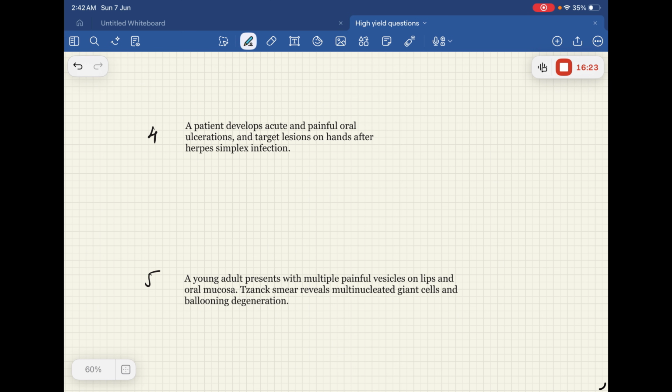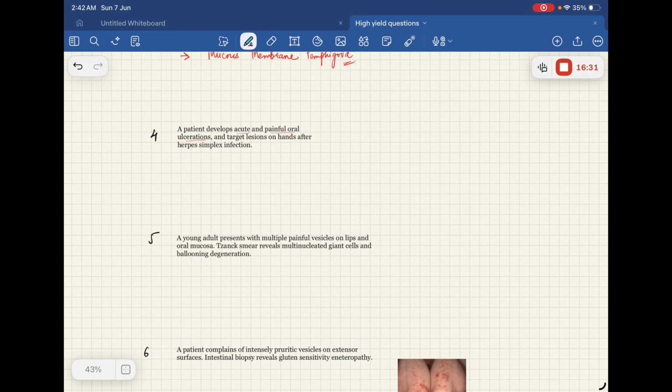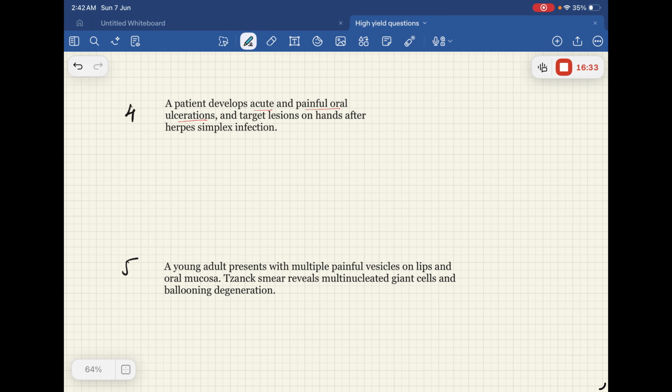Next, a patient develops acute painful oral ulceration and target lesions on hands after herpes simplex infection. So HSV is a trigger factor of erythema multiforme, just like we discussed in the previous lecture. Next question.